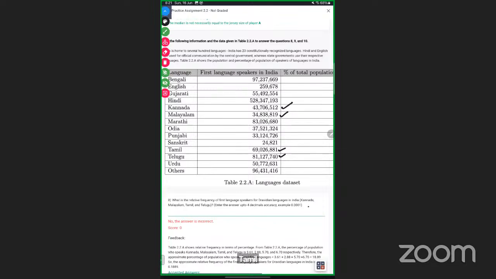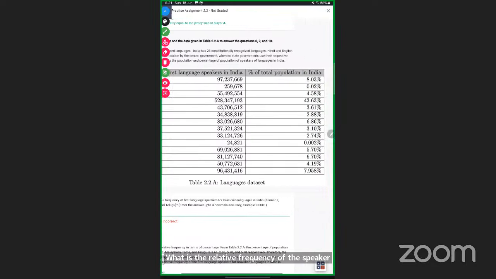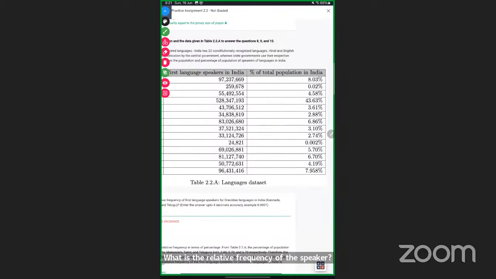What is the relative frequency of first language speakers? Then maybe I need to sum this up. I'll sum up 3.61, 2.88, 5.7, and 6.7. That would be the right answer. Yeah, I think that is the right answer.